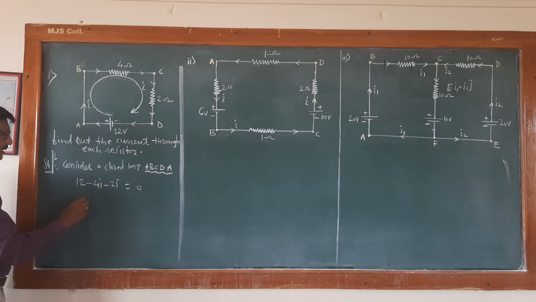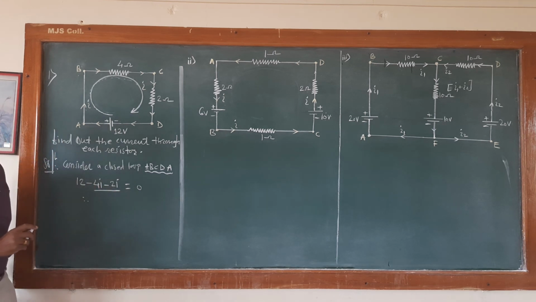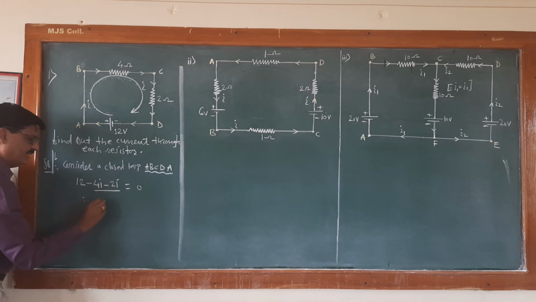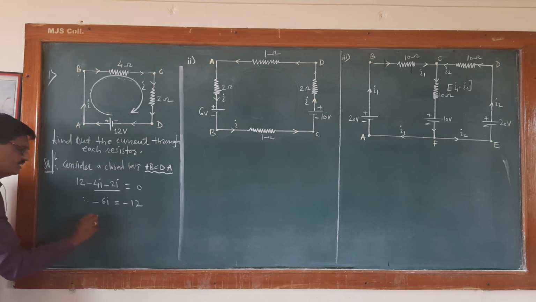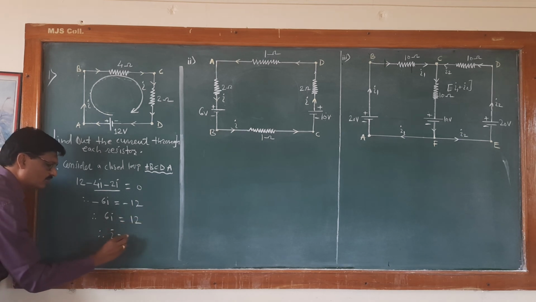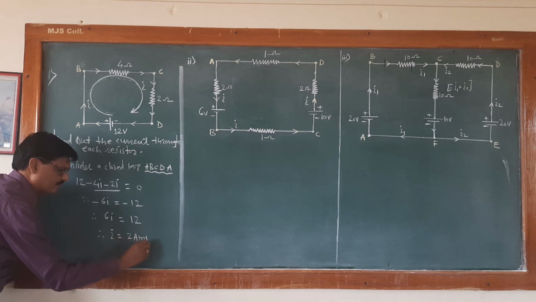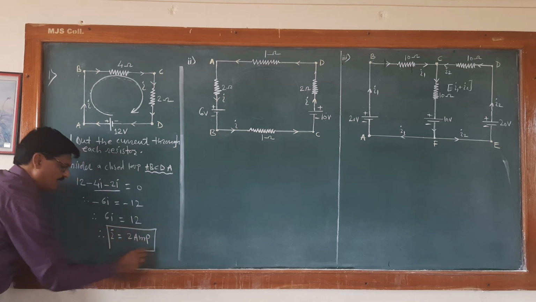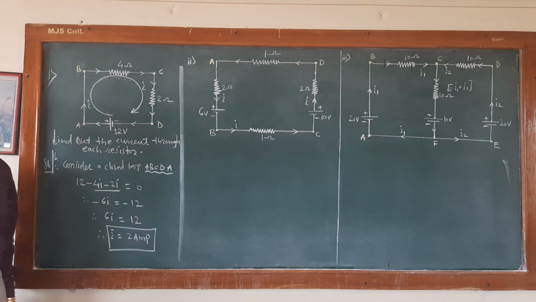And therefore, minus 4I minus 2I, the addition of this is minus 6 times I, which is equal to minus 12. This minus minus becomes plus, and therefore 6I is equal to 12, and therefore I is equal to 12 divided by 6, that is 2 ampere. And therefore the current flowing through each resistance is 2 ampere.